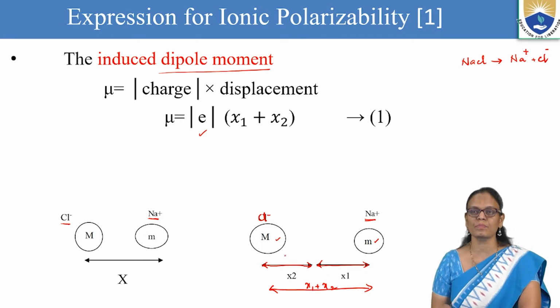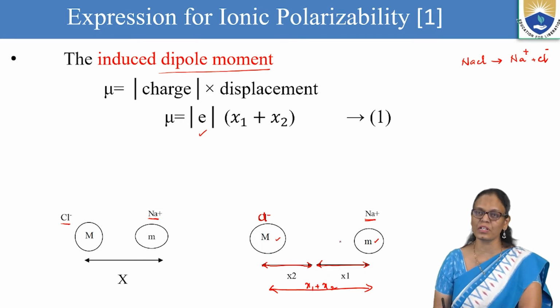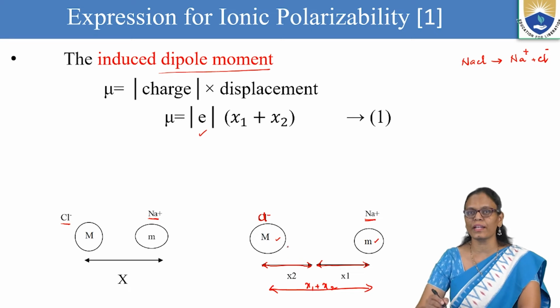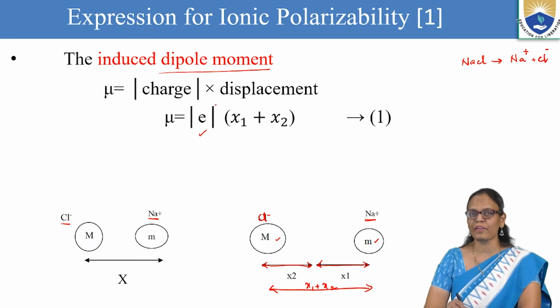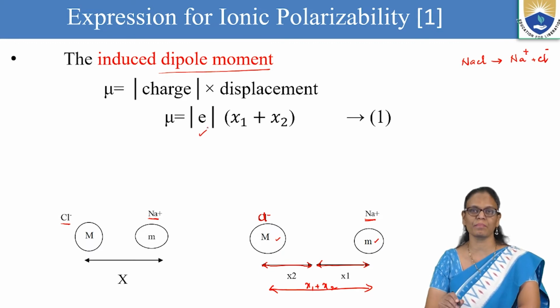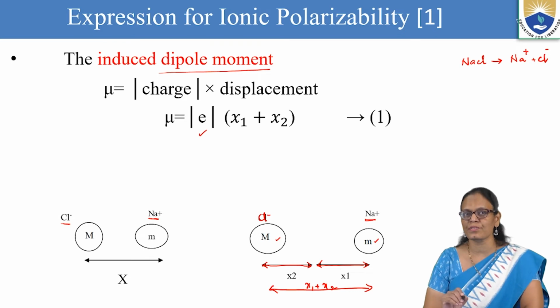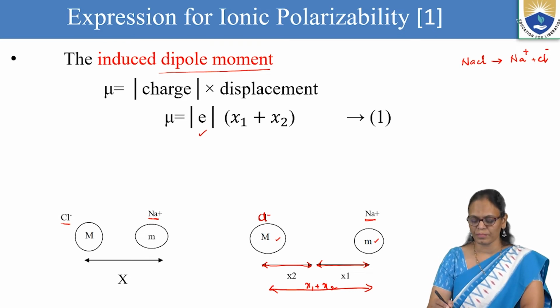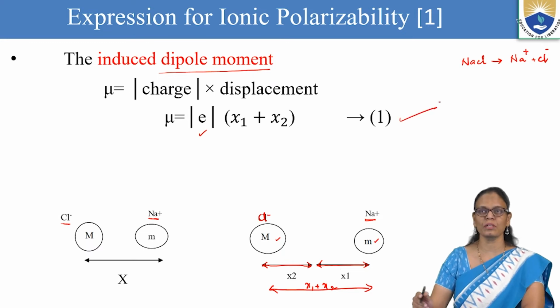The total distance between the two ions after separation due to the electric field we have to consider. So mu is equal to |e|. I have taken the mod of e because we are just taking the magnitude and not considering the sign of the charge, into (x1 plus x2). This gives us equation 1.